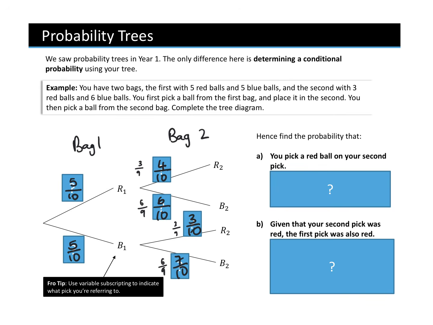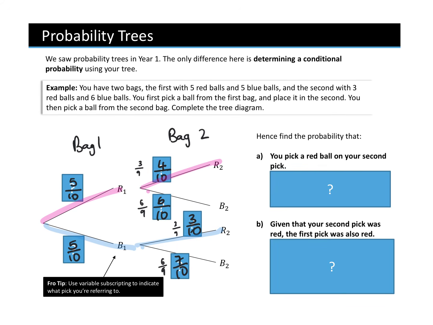So now I filled this in, I can now have a look. The probability you pick a red ball on your second pick. The only way I can find a red ball on my second pick is red, red, or blue, red. Okay?